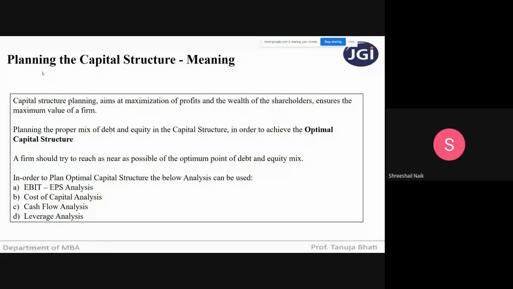What is next? Now see here, we have to see four types of analysis. The first analysis is EBIT and EPS analysis. Now under this, what happens, students? EBIT is nothing but earnings before interest and tax, and EPS is earnings per share. How do you analyze the best capital mix by using this tool?